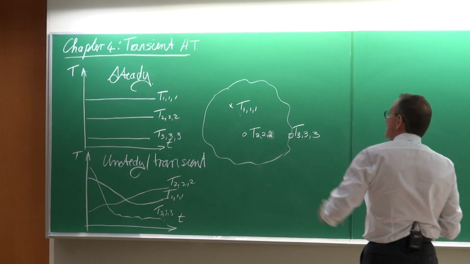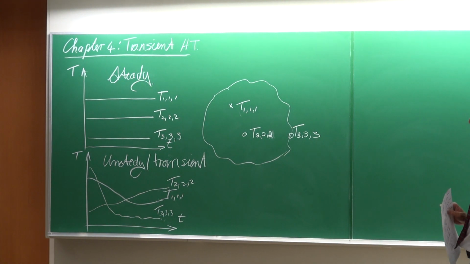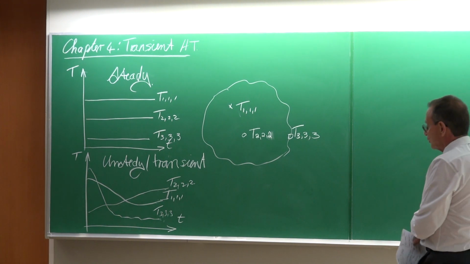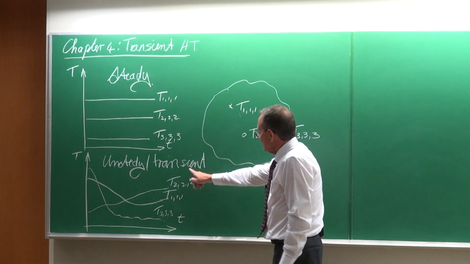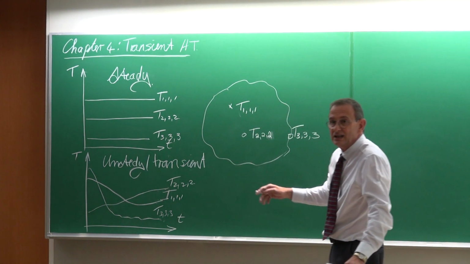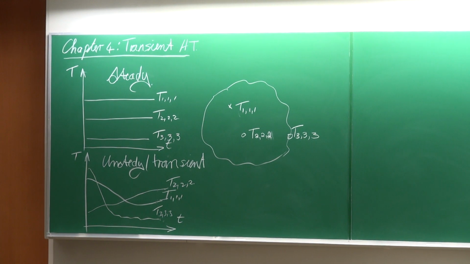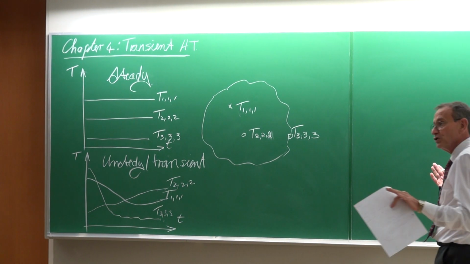So that's a very simple explanation of the difference between steady state heat transfer and unsteady or transient heat transfer. So this chapter is about transient heat transfer, so we are interested in how the temperatures in a body change as a function of time.